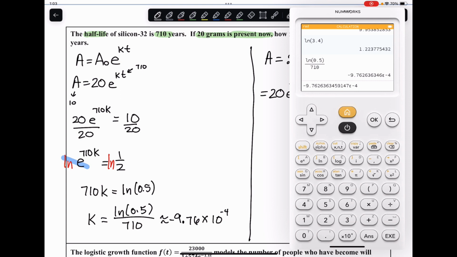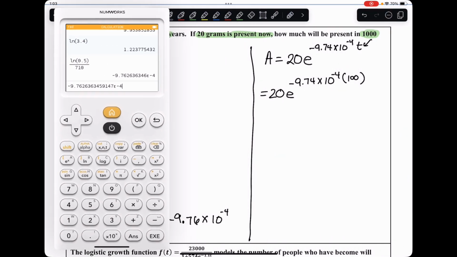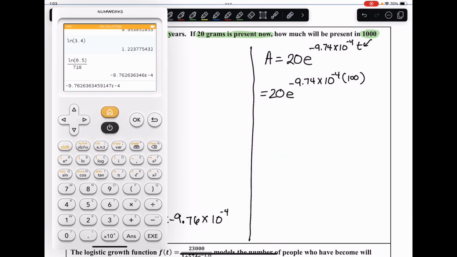Let's use the calculator for this. Pay attention to this. You can write basically this, but I already have the answer there, and I'm just going to multiply it by 1,000.